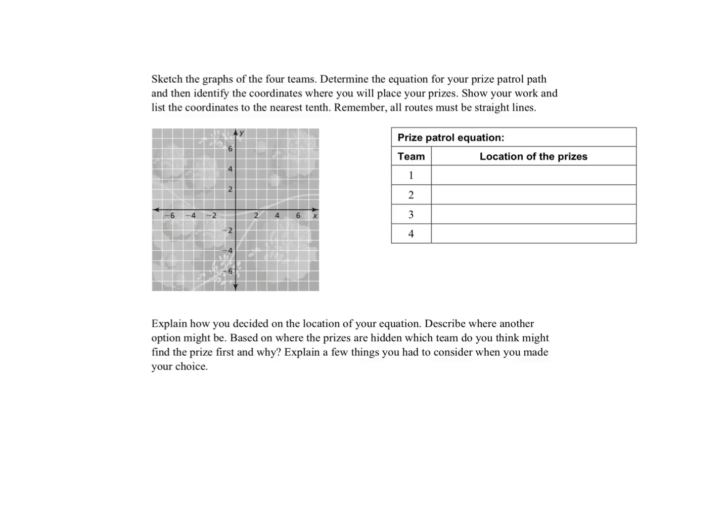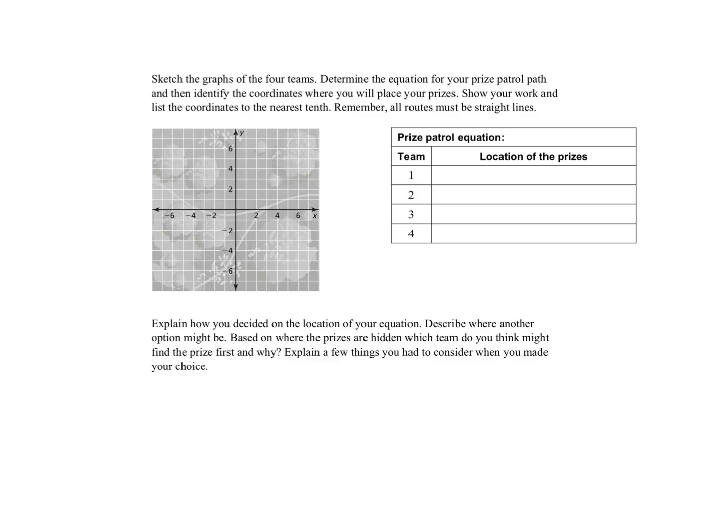Determine the equation of your path and identify the coordinates where you will place your prizes. Show your work and list the coordinates to the nearest tenth. Remember, everything must be a straight line.